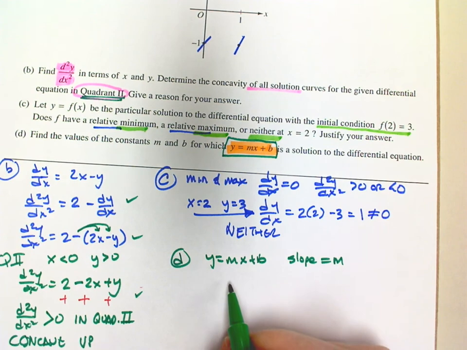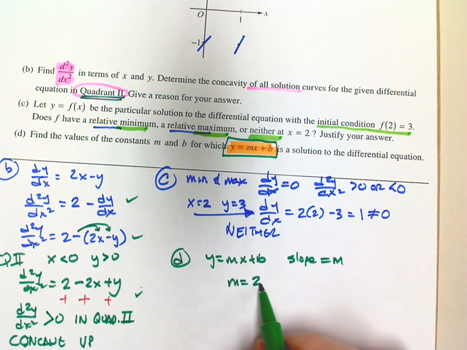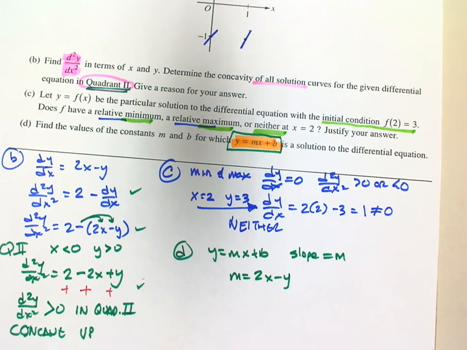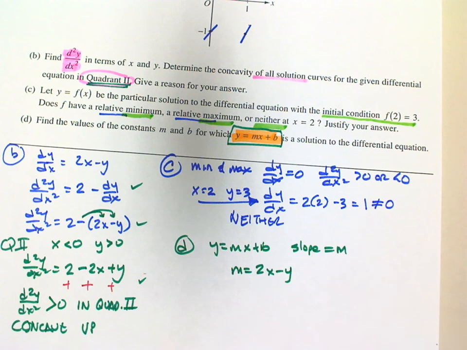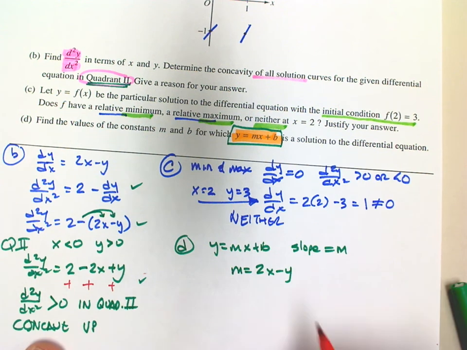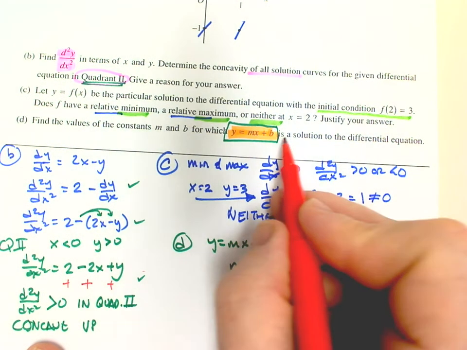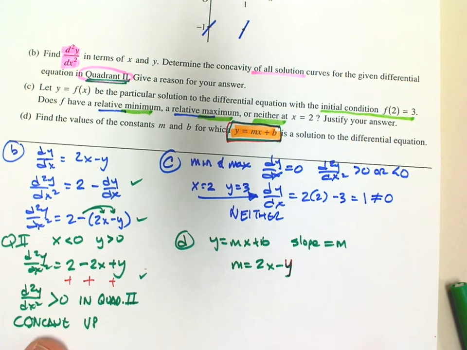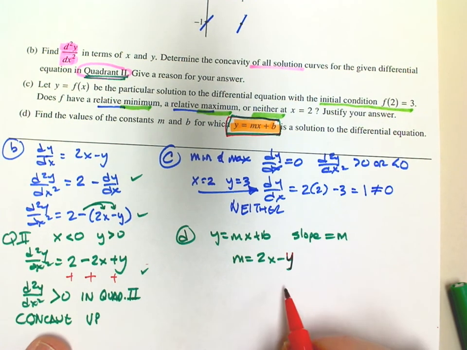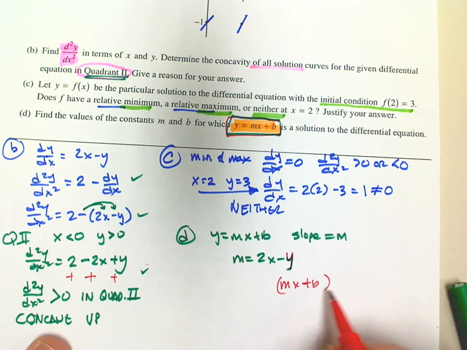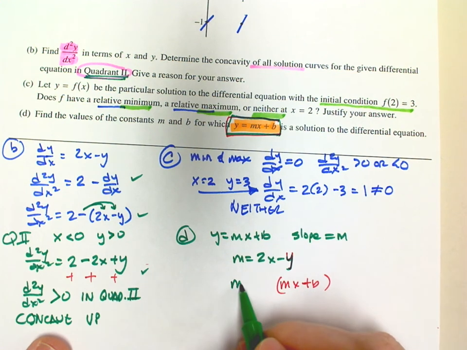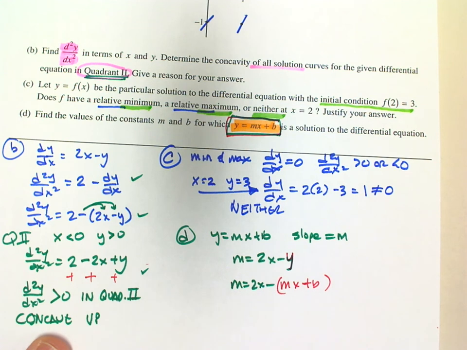So I'm going to just say that the slope m is equal to 2x minus y. Once we have that down, I'm going to substitute in what they said our solution is. They said let's make y equal mx plus b. I'm going to substitute that in. m equals 2x minus that quantity.